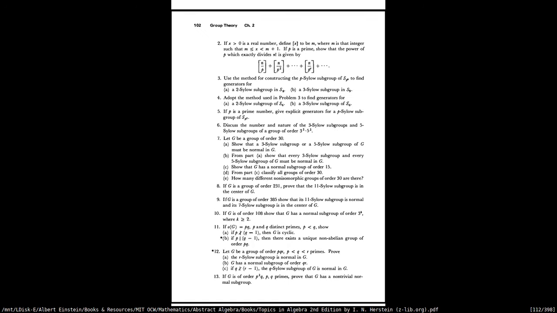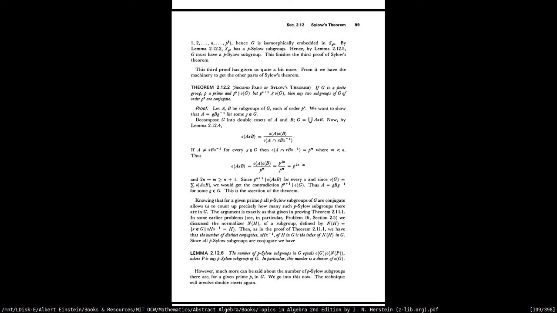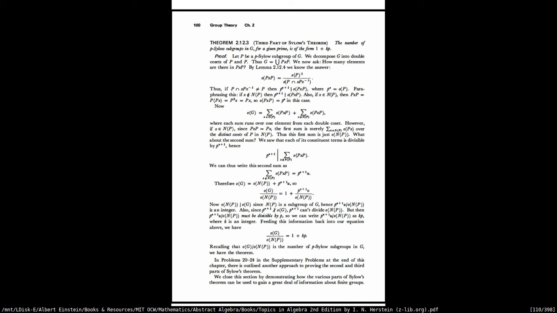Presumably that's not always going to be true. It will be true if A and B are in the center of P. So the center allows you commutativity, and the center is a normal subgroup.